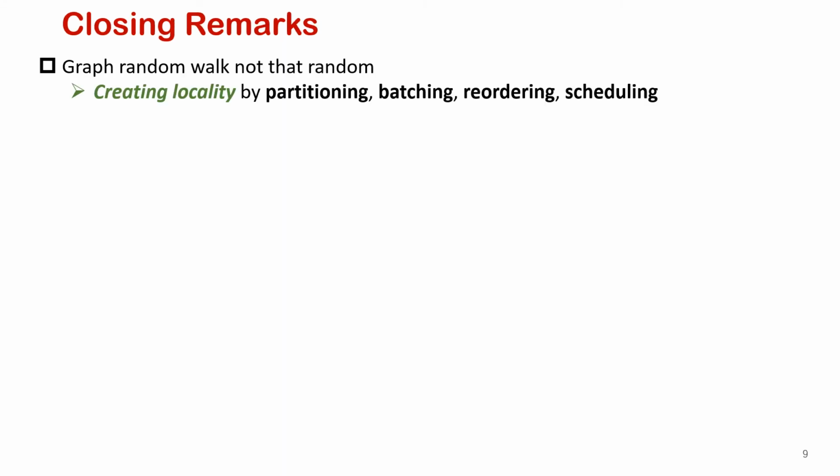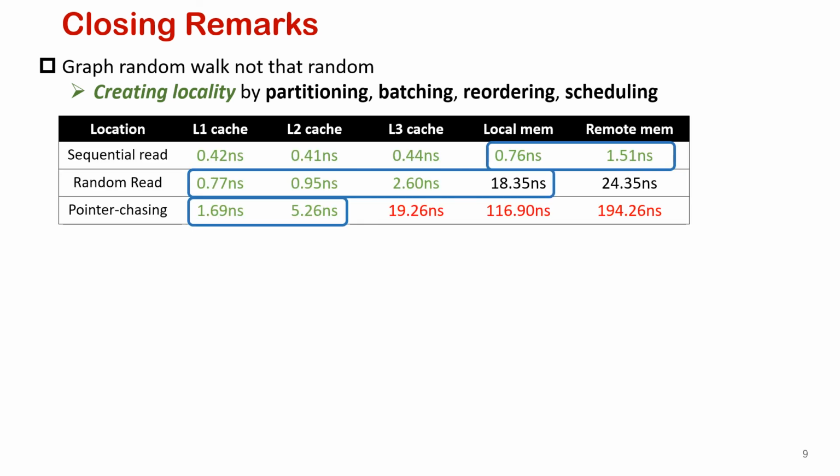To summarize, the foremost takeaway from this work is that graph random walk is not as random as one might think, and we can create locality by a few tricks: partitioning, batching, reordering, and scheduling. As a result, all our memory accesses are staying with the more pleasant areas in this latency table, and many techniques introduced here can also be applied to other graph sampling algorithms.